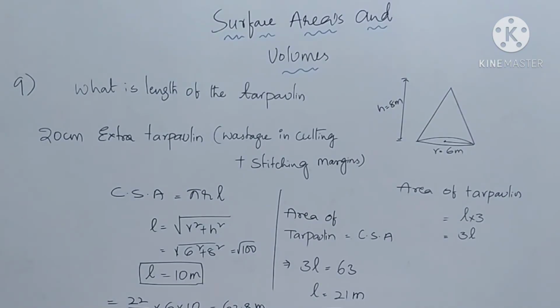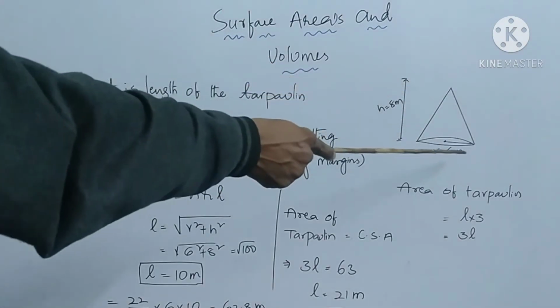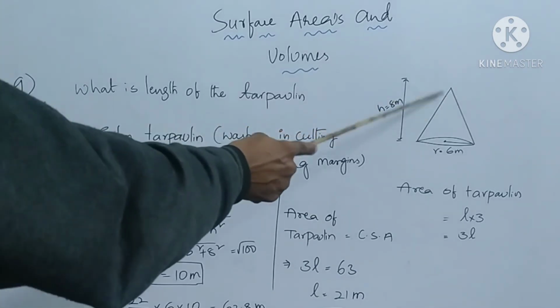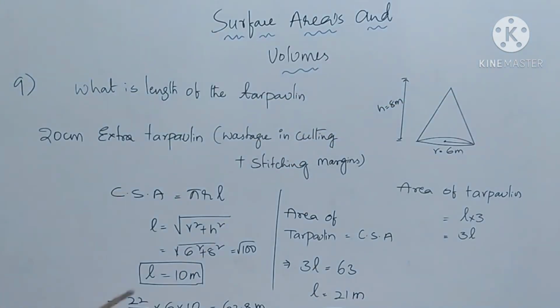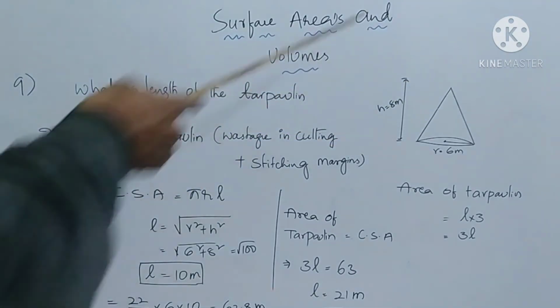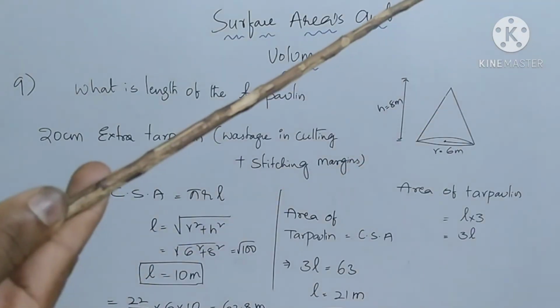So 20 centimeters of extra tarpaulin is required for stitching the margins and wastage in cutting.